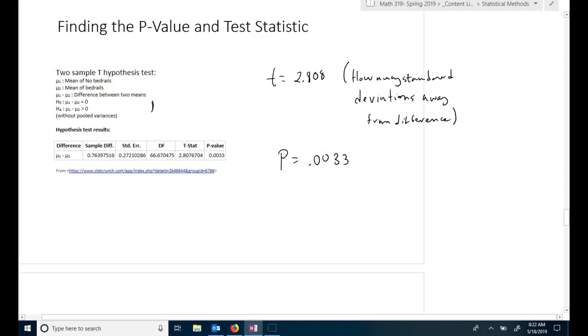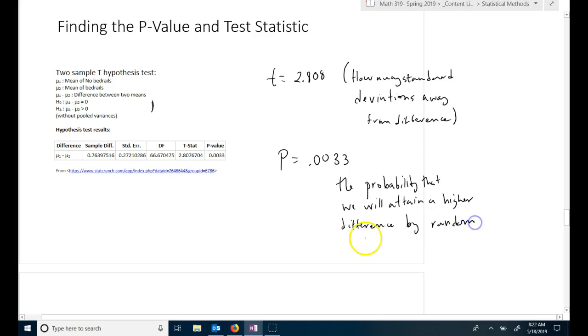So that p is the probability that we will attain a higher difference by random chance. So what this is saying is that there's only a 0.3% chance that we'll actually get a higher difference by random chance.